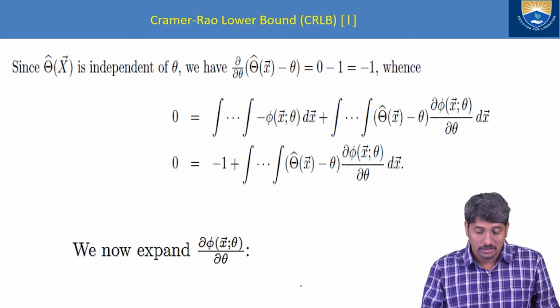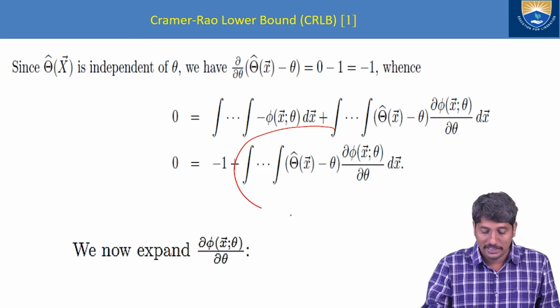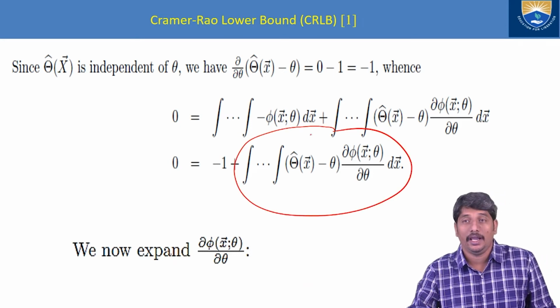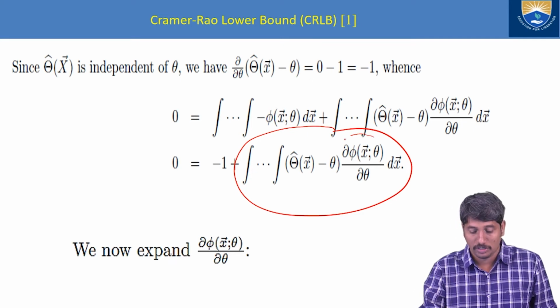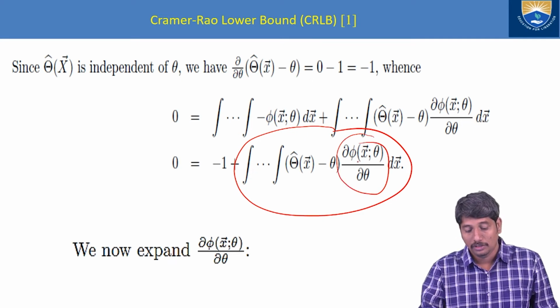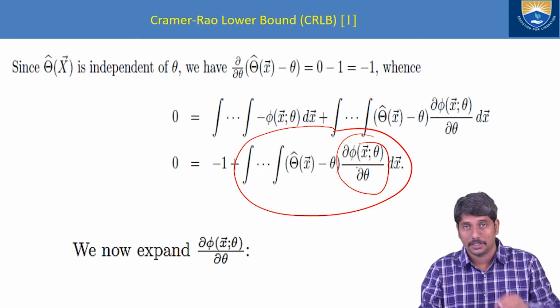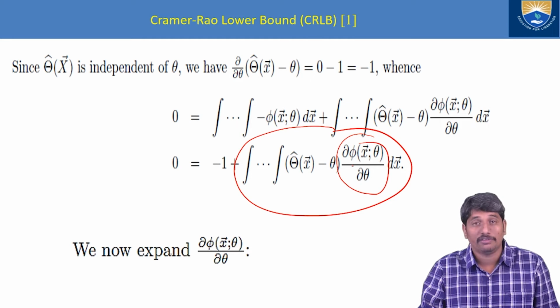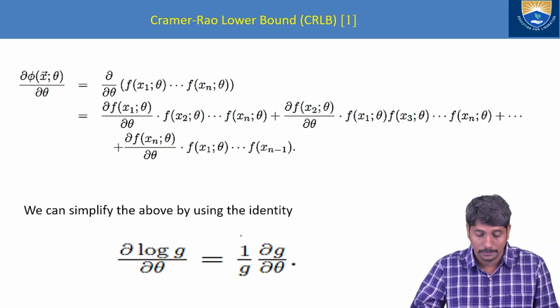Now our task is to evaluate this n-tuple integral. In order to evaluate it, first we have to expand the partial derivative of this product of n density functions, because φ of x bar comma θ is a product of n density functions. So first we will do that separately.